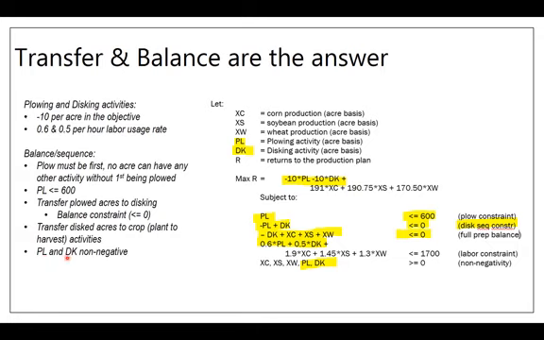So let's look at the algebraic change to the model. It's going to be significant. We have our three crop activities. They stay the same in terms of variable names, but the plowing activity is also on an acre basis, and we're going to call that PL, and DK is going to be the disking activity, also on an acre basis. In our objective equation, we need to add those two activities, and each comes in with that $10 cost per acre.